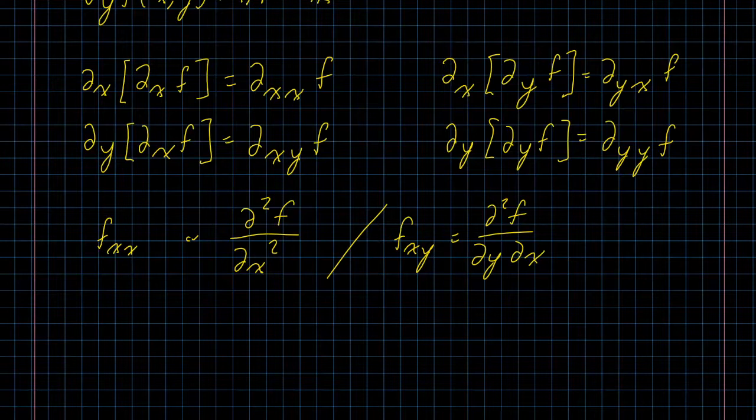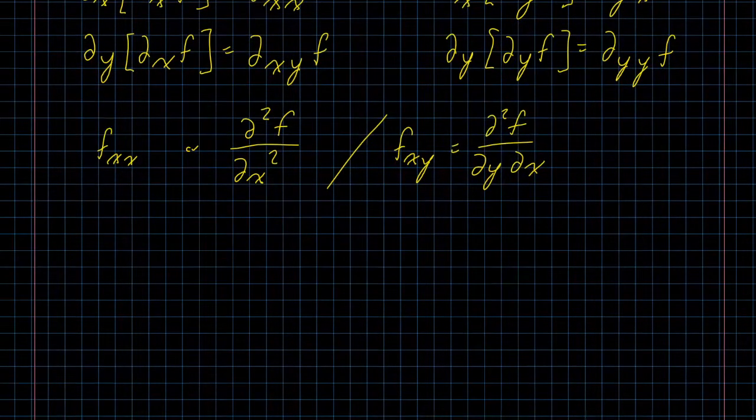And then here it goes backwards. So we read these from the outside, or from the right to left. We'll take the derivative with respect to x first, and then the derivative with respect to y in this particular notation. We'll talk a little bit more about the notation and how to keep it straight in just a moment.